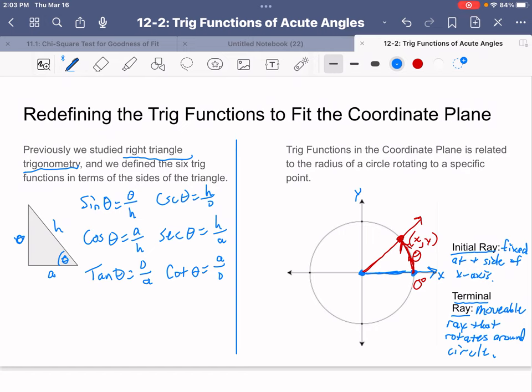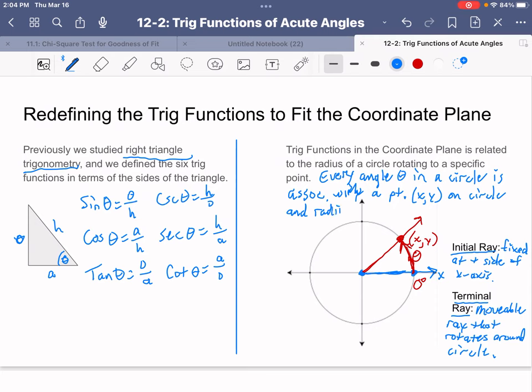Every angle theta in a circle is associated with a point x, y on the circle and the radius of that circle.